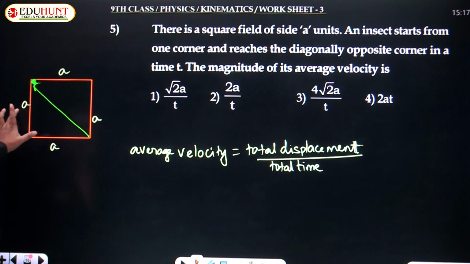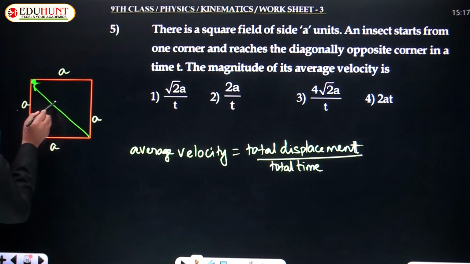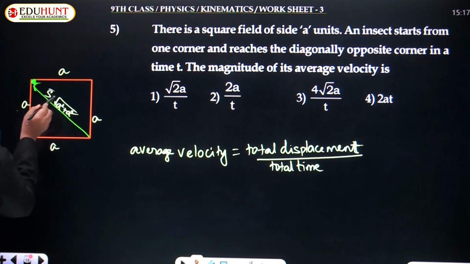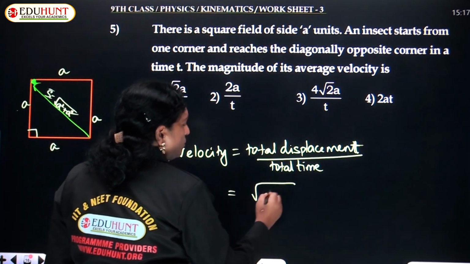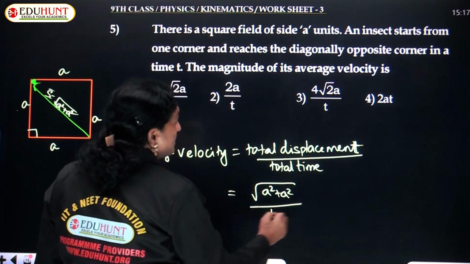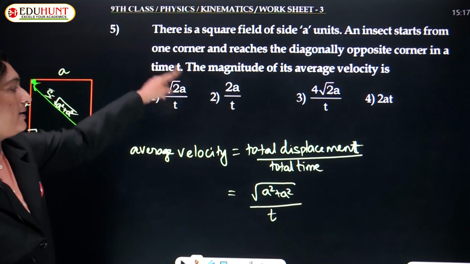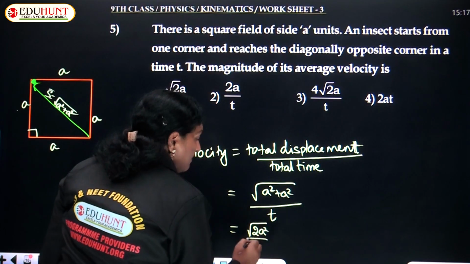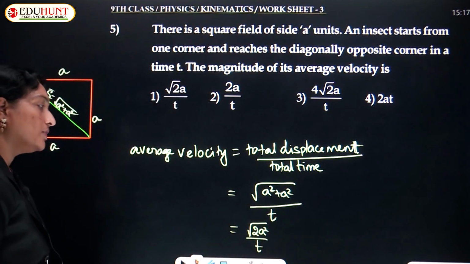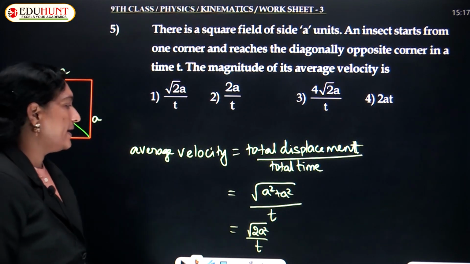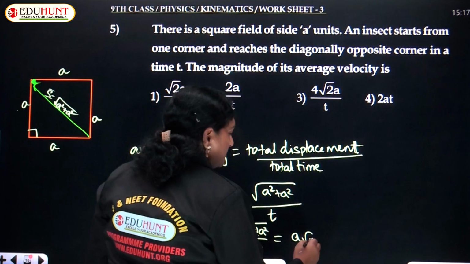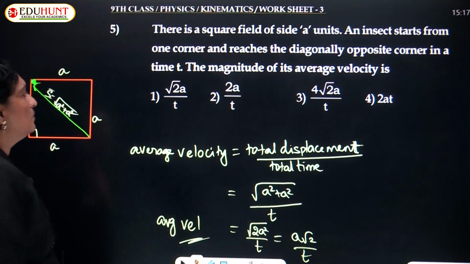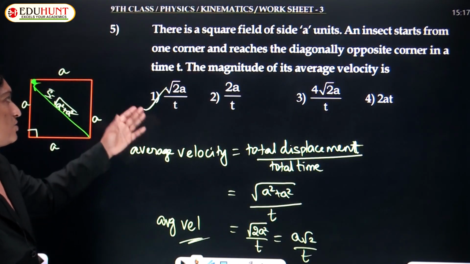So what is the total displacement? If this side is A and this is a right angle triangle, the total displacement is given by the square root of the sum of the squares of the other two sides, that is root over A square plus A square, upon some time interval T. This is root over 2A square upon T, which is A root 2 upon T. So the average velocity is found to be A root 2 upon T. The first option must be true.